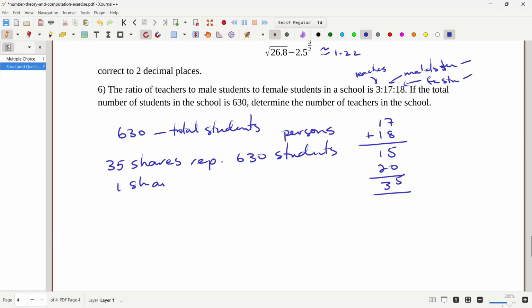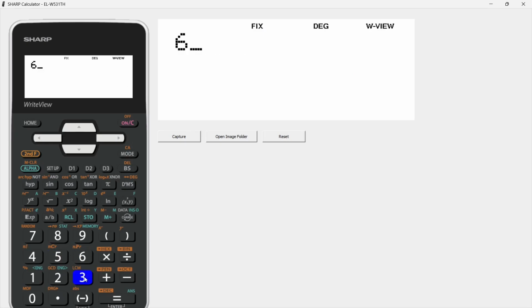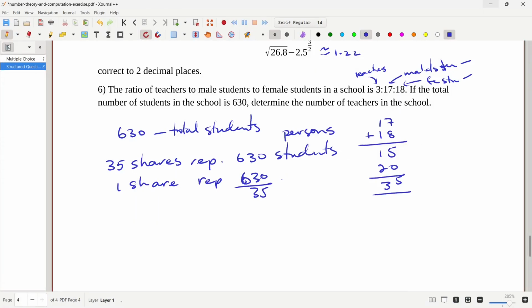So one share would represent 630 divided by 35 persons. So 630 divided by 35 will give me 18. So that means I have 18 persons for each share.